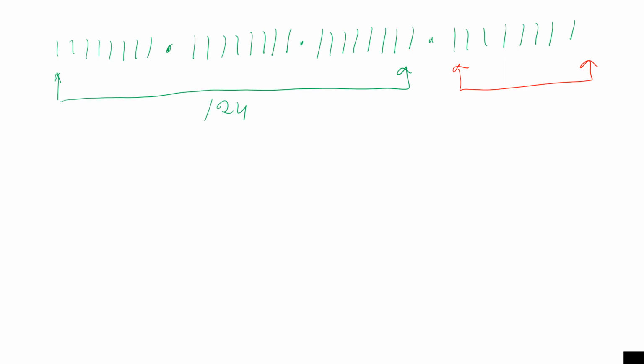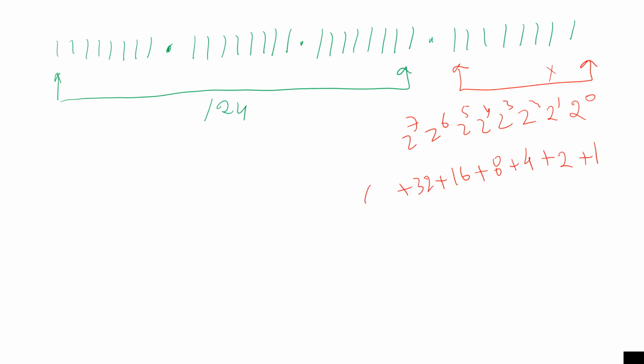How do we calculate this? You can go from 2^0, 2^1, 2^2, 2^3, 2^4, 2^5, 2^6, 2^7. 2^0 is 1, then 2, 4, 8, 16, 32, 64.